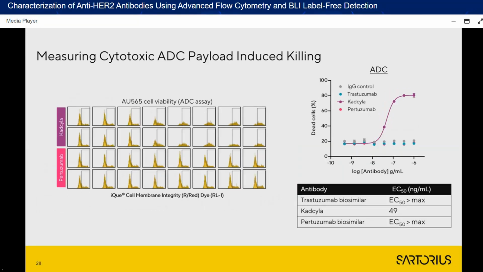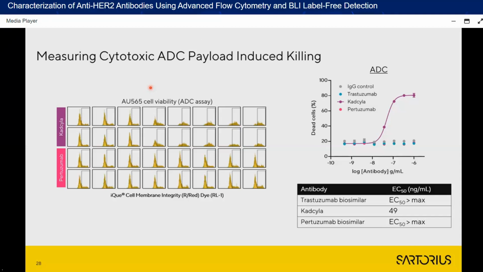And so because of that, we just wanted to explore the ADC activity of the Kadcyla using a really simple monoculture assay with the AU565 cells again, this time incubated with a range of concentrations of each of the antibodies for 72 hours.